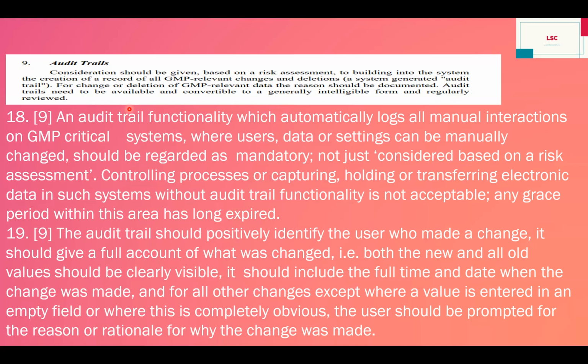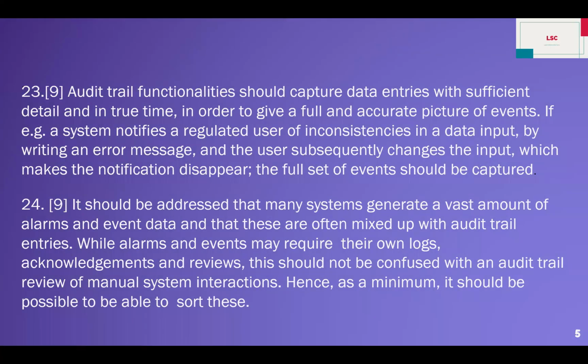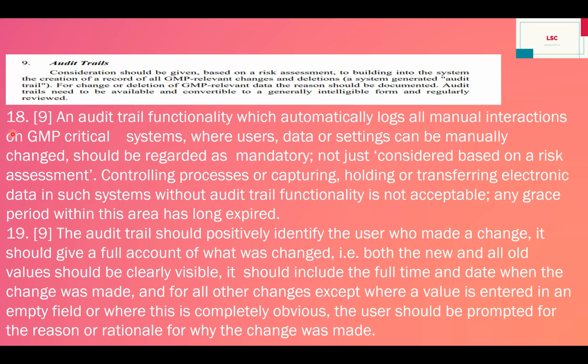So in this point on audit trail, there are some points given by the concept paper to elaborate on it. These are points 1, 2, 3, 4, 5 and 6, and we are going to discuss these 6 points. First, point 18: an audit trail functionality which automatically logs all the manual interactions on a GMP critical system, where user data or settings can be manually changed, should be regarded as mandatory, not just considered based upon risk assessment.